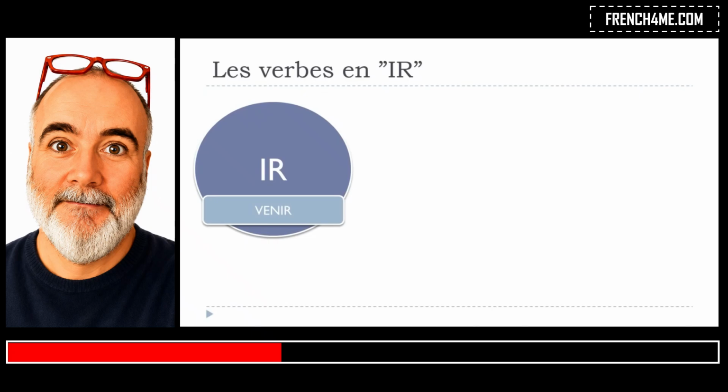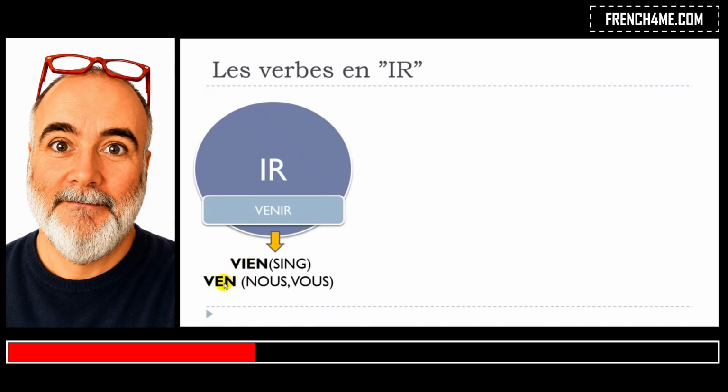And so the difficult thing with this group of verbs is actually you will have one form for the singular. So we're talking here about je, tu, il, elle. Okay, so in that case, the stem, the root will be vien, V-I-E-N. Okay, then we will have another root or stem for nous and vous at the plural form, and it will be V, E, N. Okay, so you can see that it's not the same.